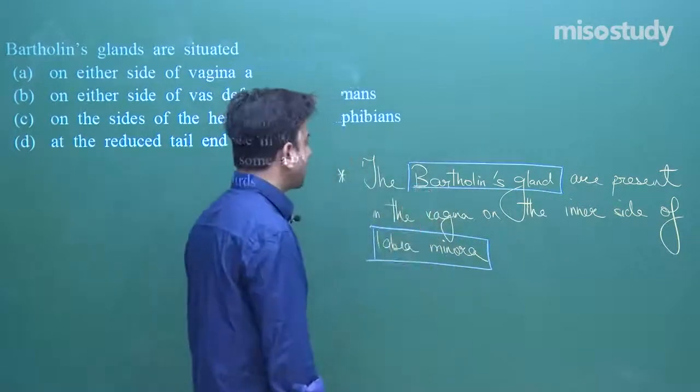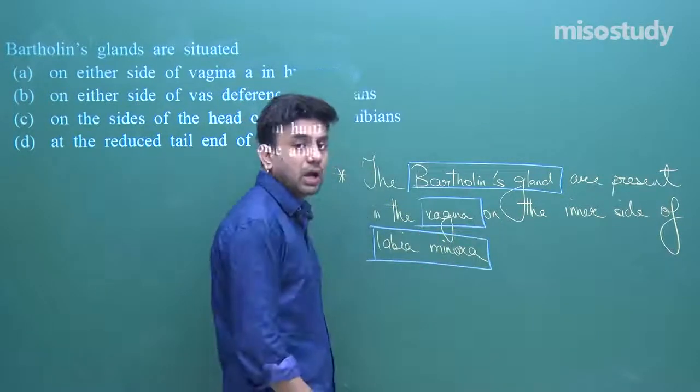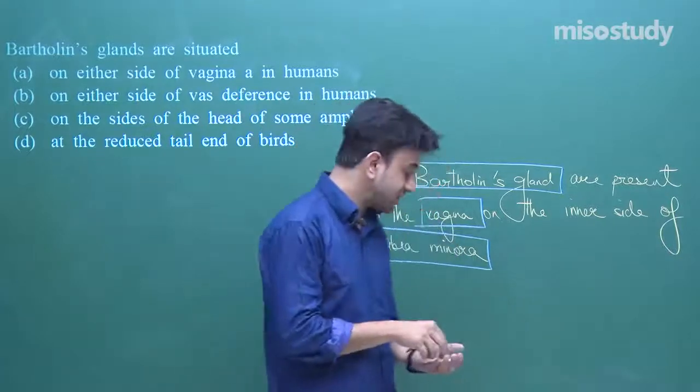The Bartholin's glands are present in the vagina on the inner side of the labia minora. They are responsible for the secretion of mucus.